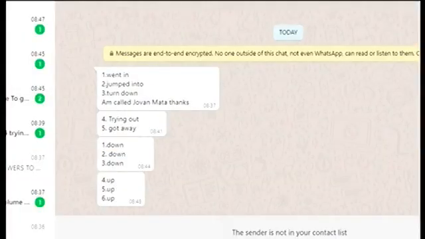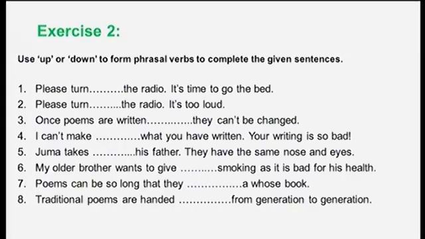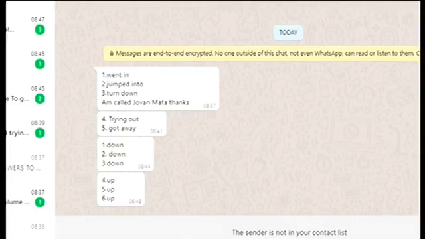Now, when you look at that number 4, it says, I can't make dash what you have written. Your writing is so bad. Remember, we are picking one of those 2 words, either up or down, to fill in. So please, let's pick one of them and fill in.